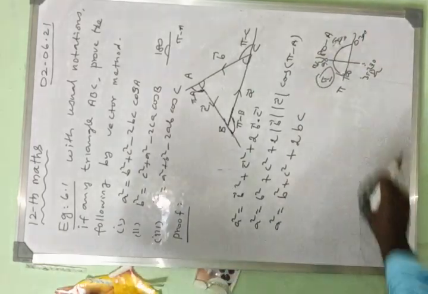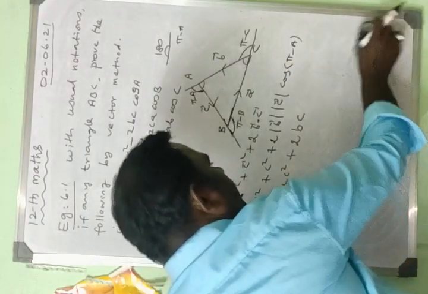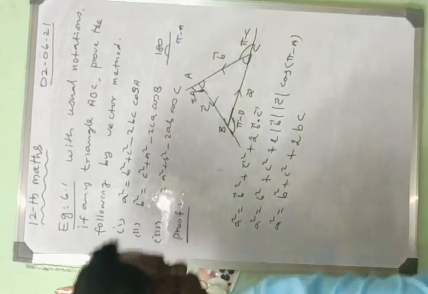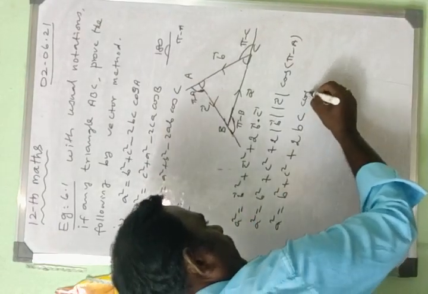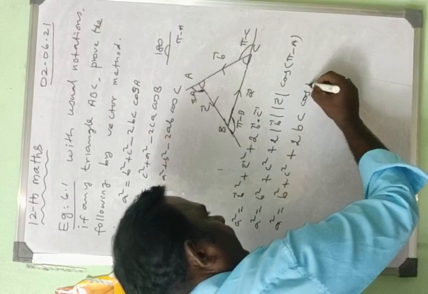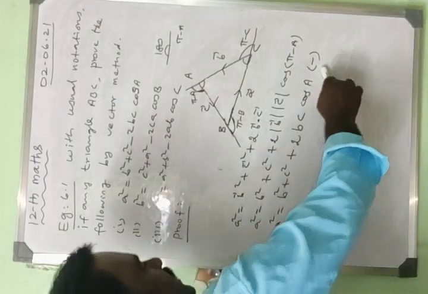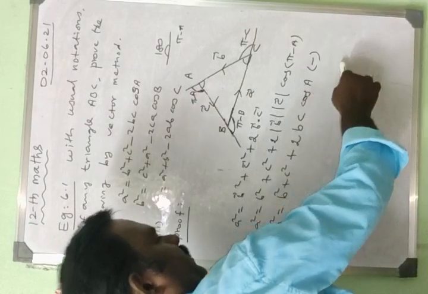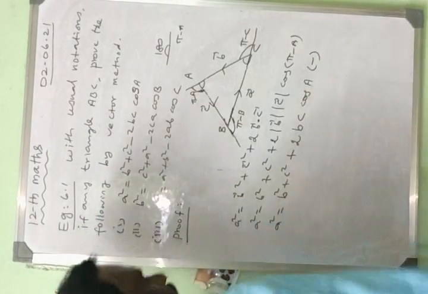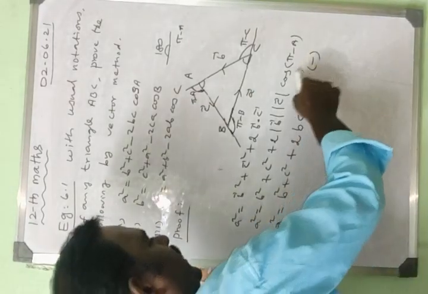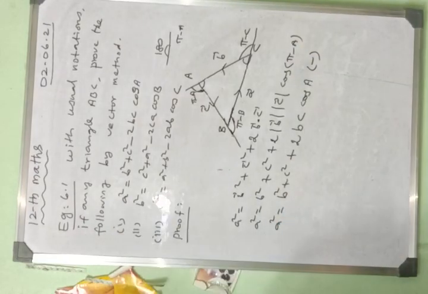So we write cos A with a minus. Why do we put minus here? Pi minus A is in the second quadrant, where cos has a minus sign.